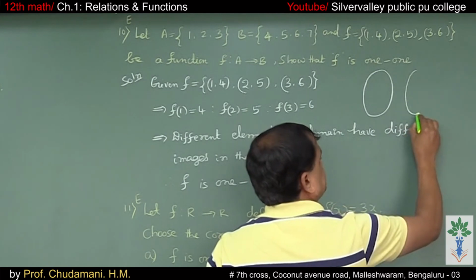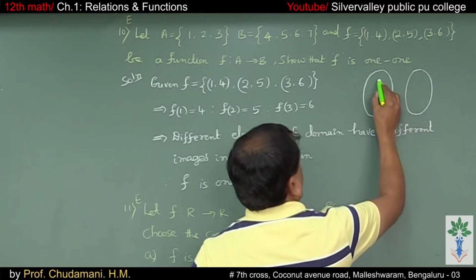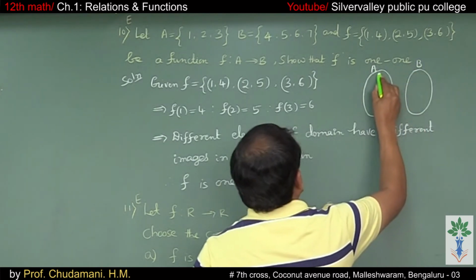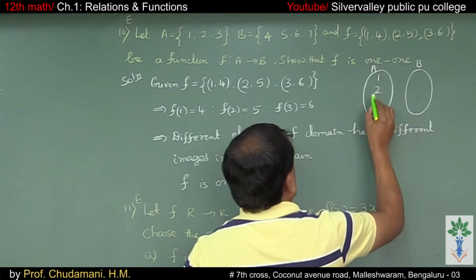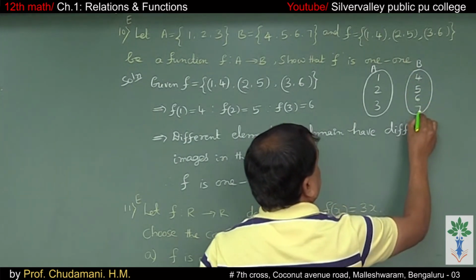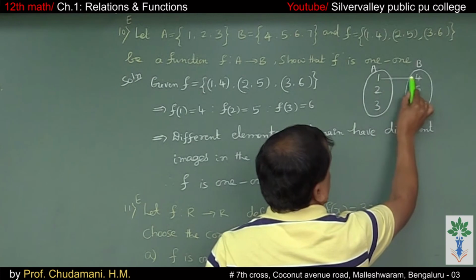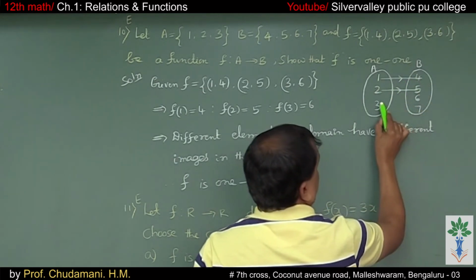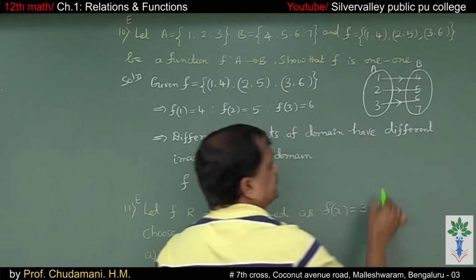Pictorial representation, arrow diagram, the set A and the set B. A is 1, 2, 3. B consists of 4, 5, 6, 7. 1 is associated to 4, 2 associated to 5, 3 associated to 6.